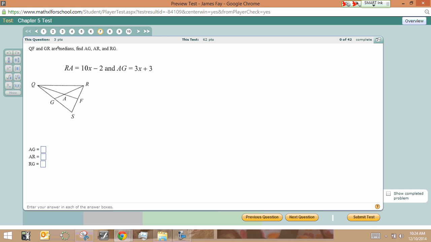This is a centroid question because all these segments are medians, so they're showing me that that point right there is a centroid. And I'm focusing on A, R, G, those 3 points. So I'm going to redraw my picture. There's R, A is about right there, and G is over here.